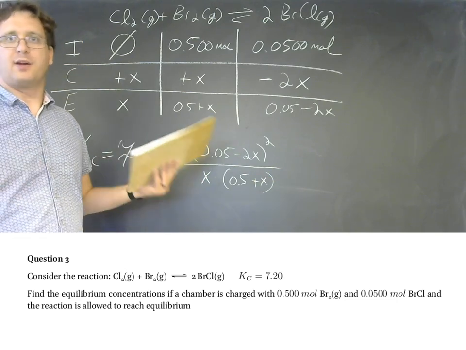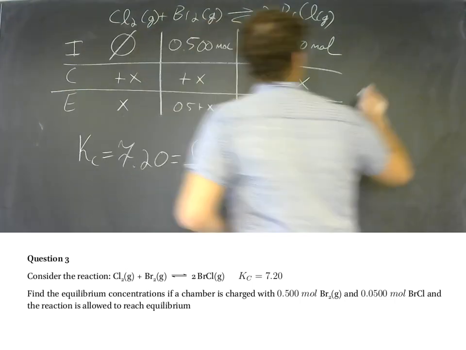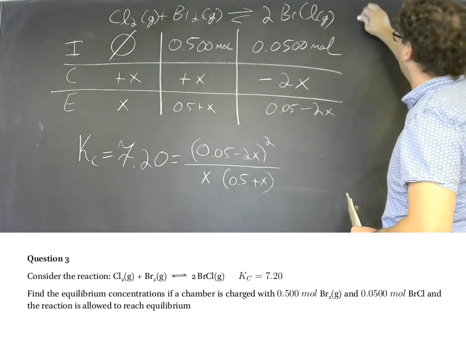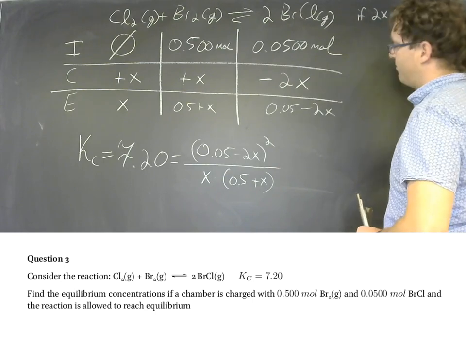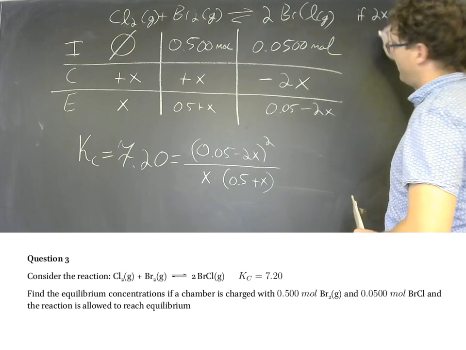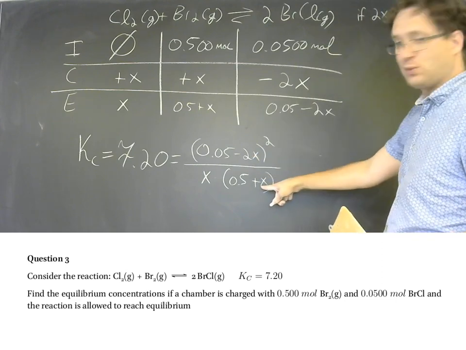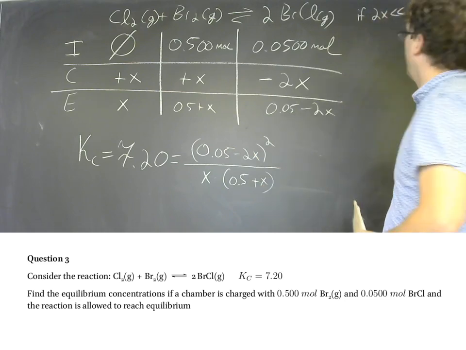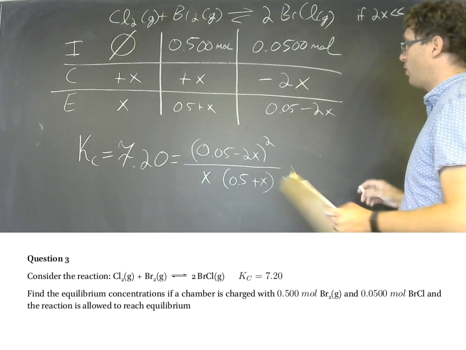But I'm going to go ahead and be ambitious, and I'm going to hope that if 2x is much less than 0.05, then I can ignore this x as well as that x. And that would make solving this really, really easy. And let's just hope we can do that.